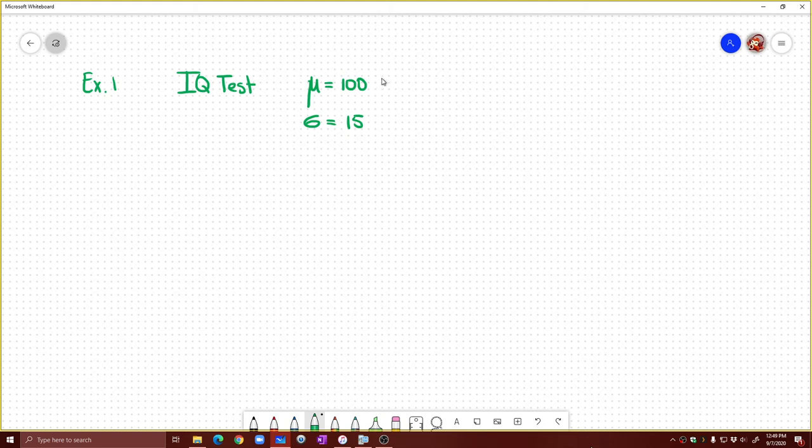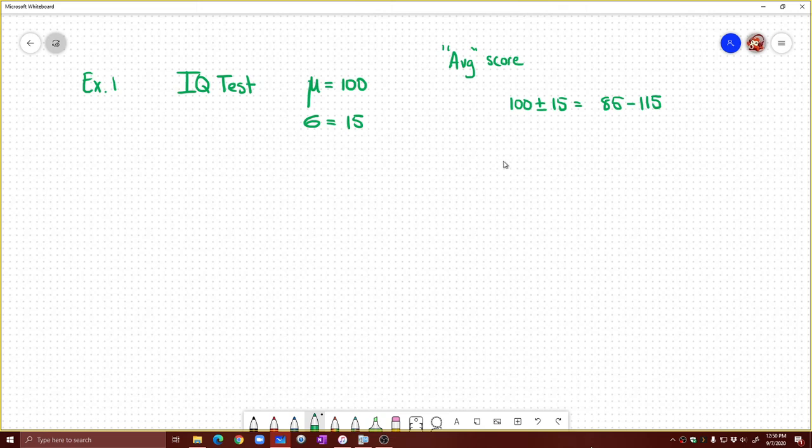So again, as we talked about last time, standard deviation means, on average, how much should my score vary from the middle? That would mean that an "average" score should vary anywhere from 100 plus or minus 15. So that can be anywhere from an 85 to a 115.